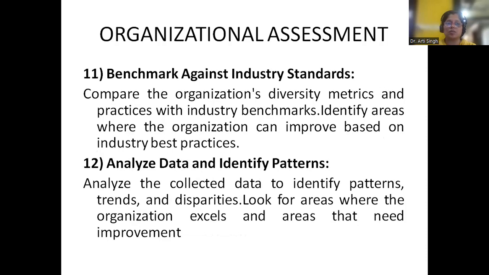Coming on to the next step, we have benchmark against the industry standards. You need to compare the organization's diversity metrics and practices with the industry's benchmarks, identifying areas where the organization can improve based on industry activities. Then analyze the collected data to identify patterns, trends, and disparities.